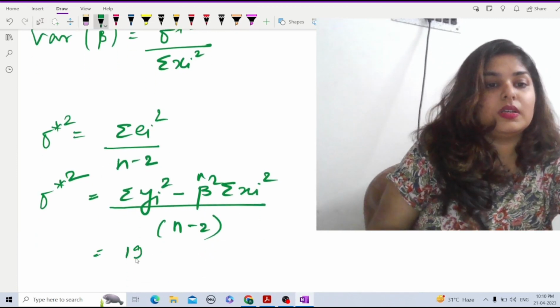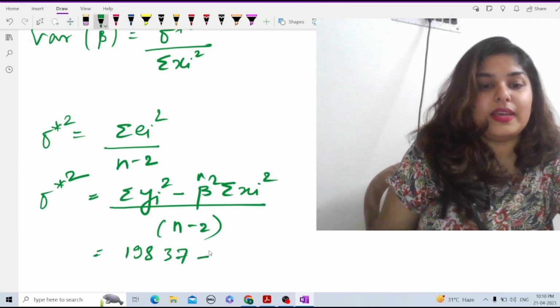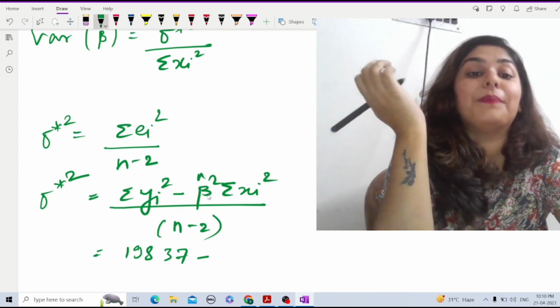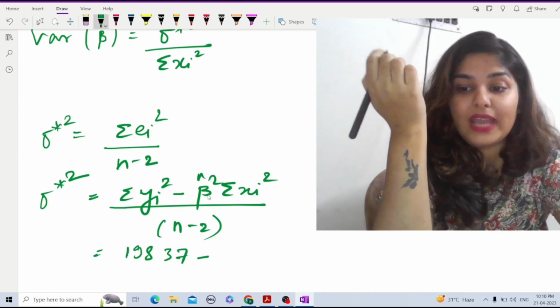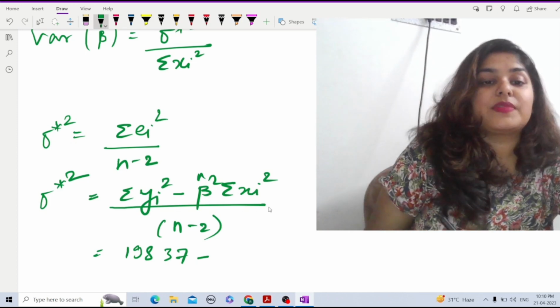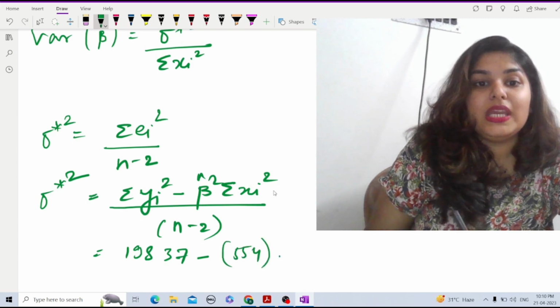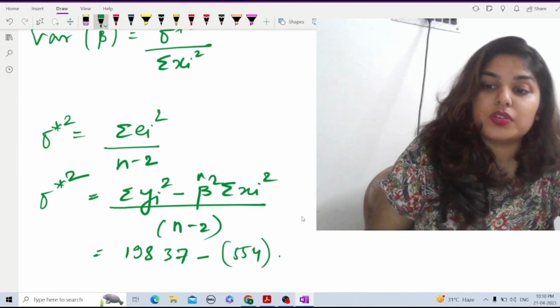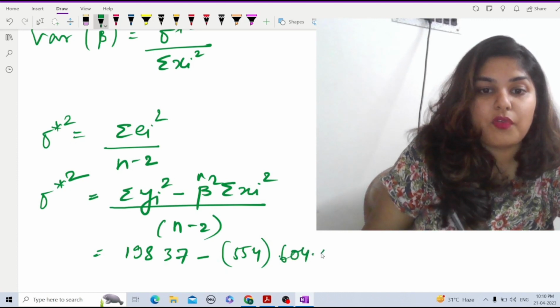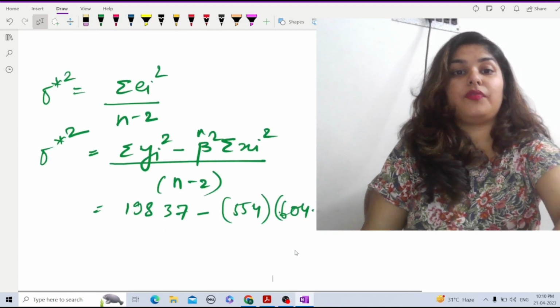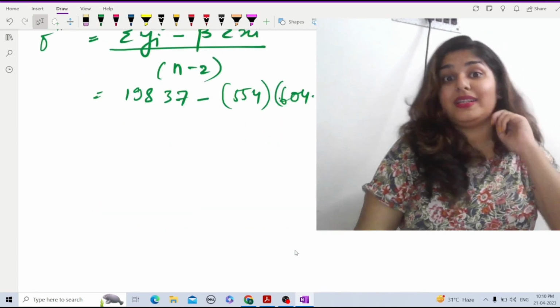So this equals 19837 minus beta hat square. We have got the value of beta hat as 5.05. If we square it, we get approximately 25.5. Into summation xi square, from there we have 604.8. These are the values we have got from calculation as well as the data.